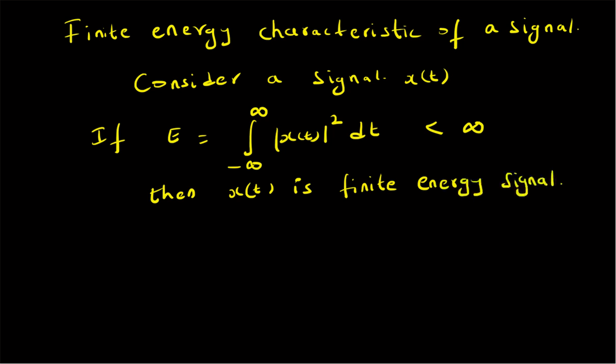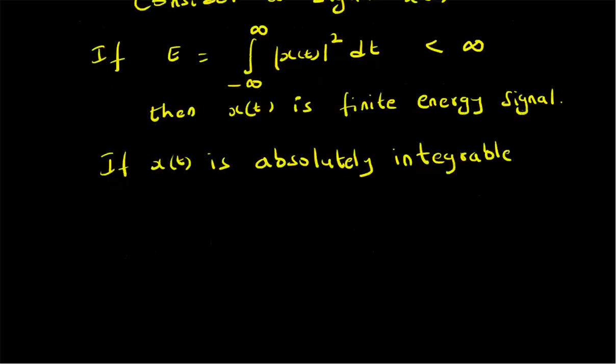So in this video, what we will try to understand is, instead of trying to compute the energy of the signal, we can just look at the following property: if x of t is absolutely integrable. What does it mean?